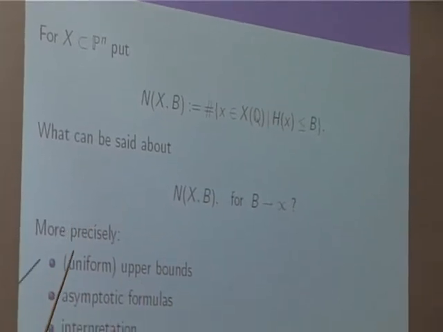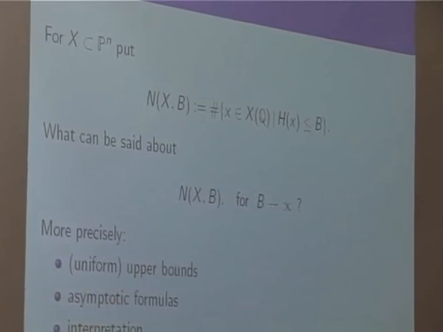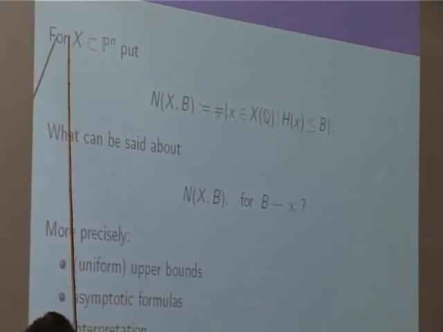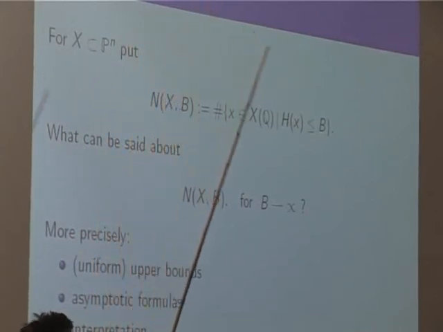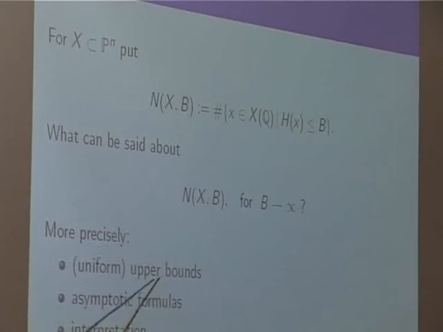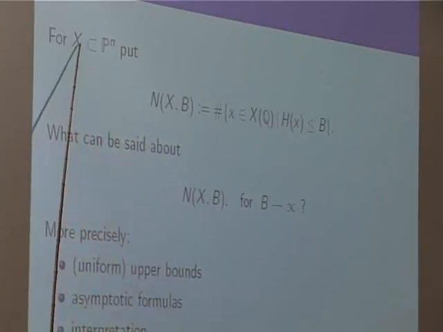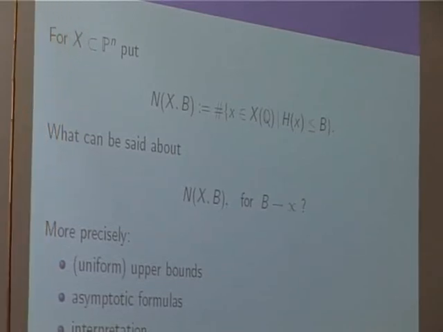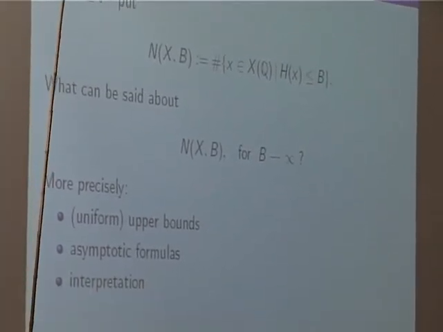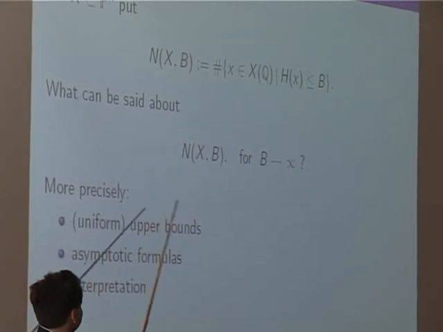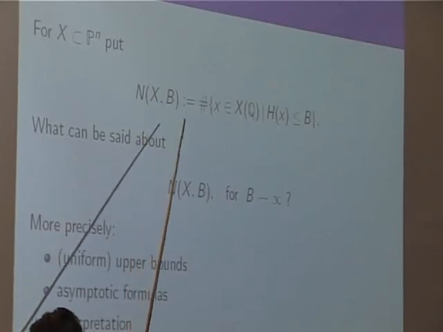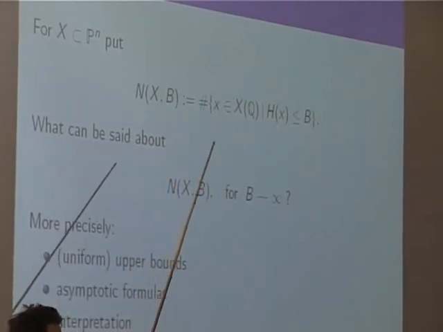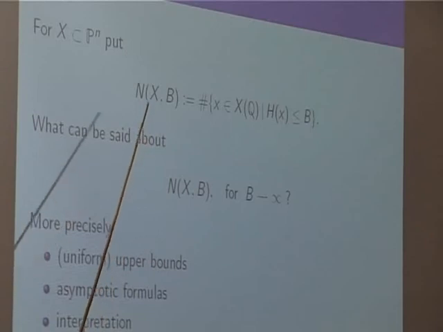Now, there are several questions one could ask. We could look at one subvariety in P^n and try to get very precise results about asymptotic formulas or upper bounds. Or we could look, just as before, at a family of subvarieties in P^n, say X_t, and then ask, if we fix B, what can be said about N(X, B) as we vary X, as we change the value of the parameter?